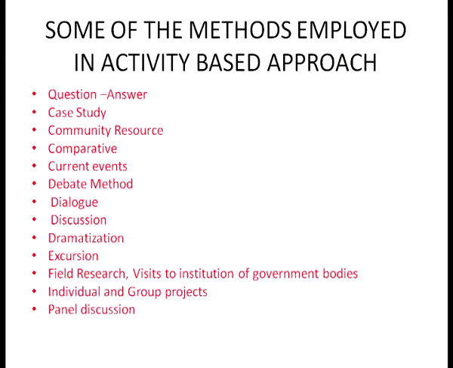Current event, it's very commonly used in social sciences as well as in literature. Current events which are happening around. If I have to teach presidential election and president election is by chance happening next month, I can ask my students to keep a close eye on the president's election.